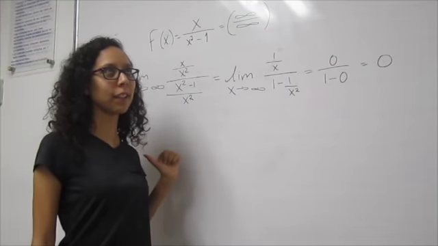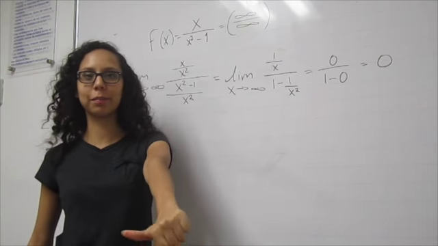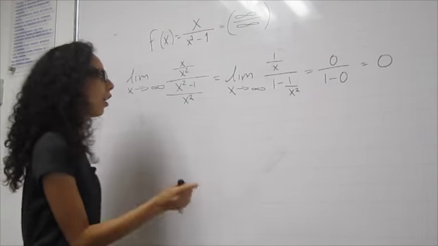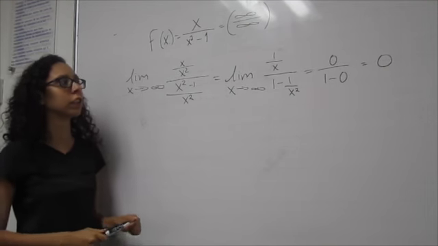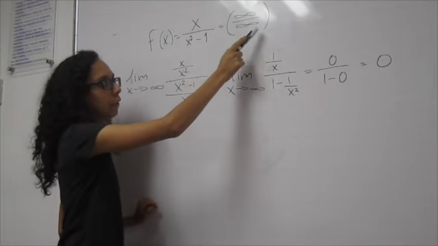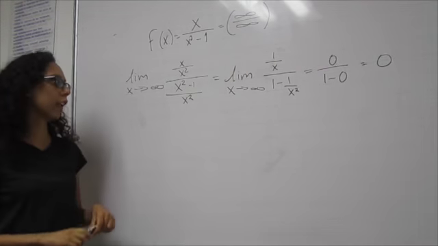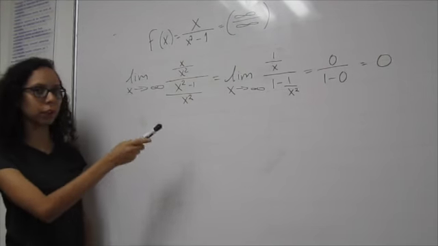And I'll be giving another point to my team with the horizontal asymptote of the function. We know that this function is infinity over infinity, so we're going to calculate the limit when x approaches infinity.